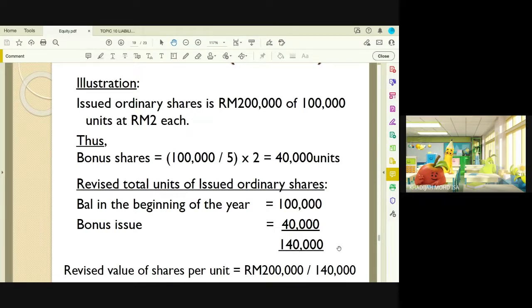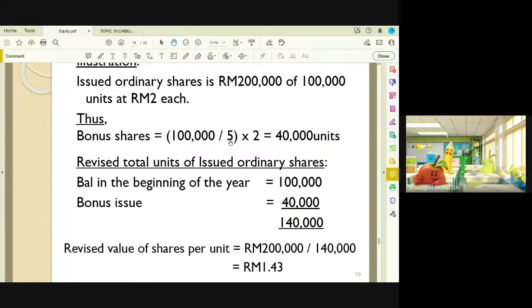Initially, you have 100,000 shares and each share is 2 ringgit. But now you have 140,000 shares. There's no money coming in, but the value of the shares now has to be revised, because the initial 200,000 is now spread over 140,000 shares.